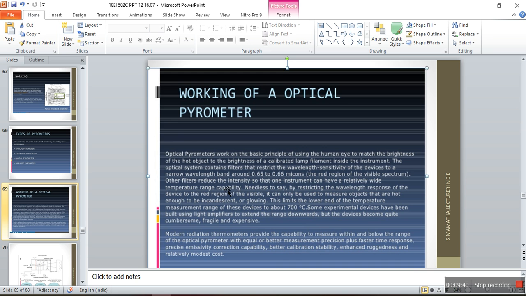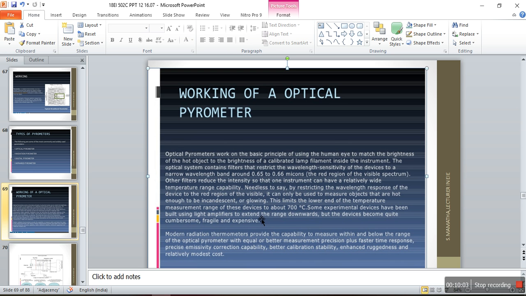Other filters reduce the intensity so that one instrument can have a relatively wide temperature range capability. Needless to say, by restricting the wavelength response of the device to the red region of the visible, it can only be used to measure objects that are hot enough to be incandescent or glowing.